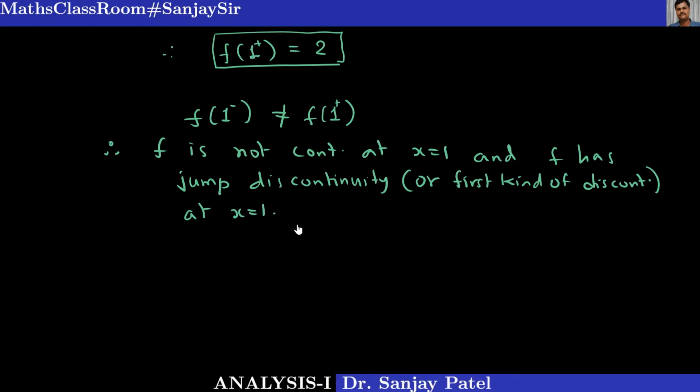So this is our conclusion. The function is not continuous only at one point, and the type of the discontinuity is jump discontinuity, or discontinuity of the first type.